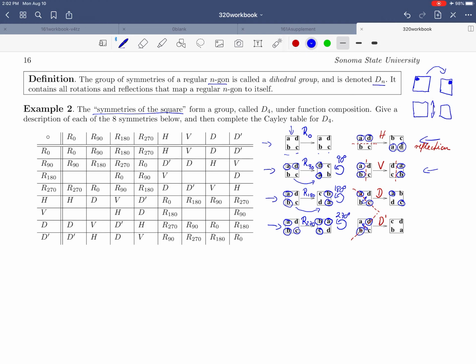So our group D4, the dihedral group of order 4, has 8 elements. These are it, these 8 elements.